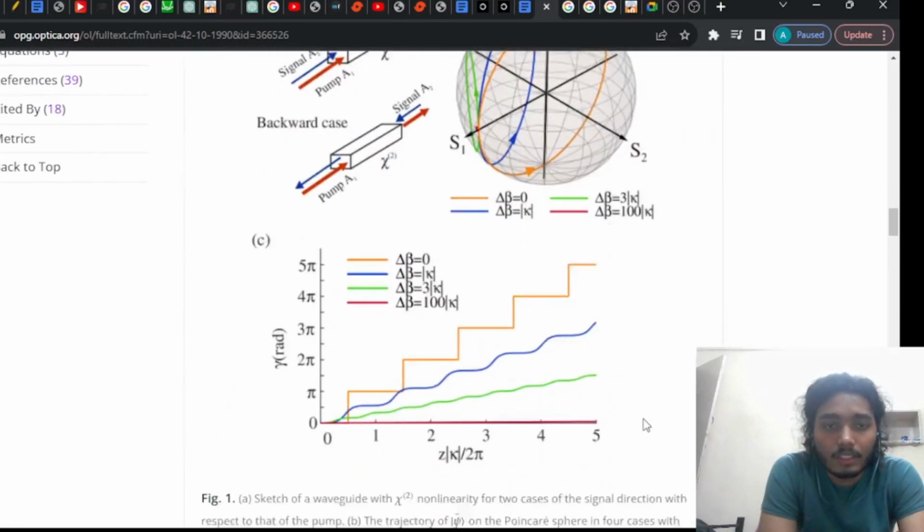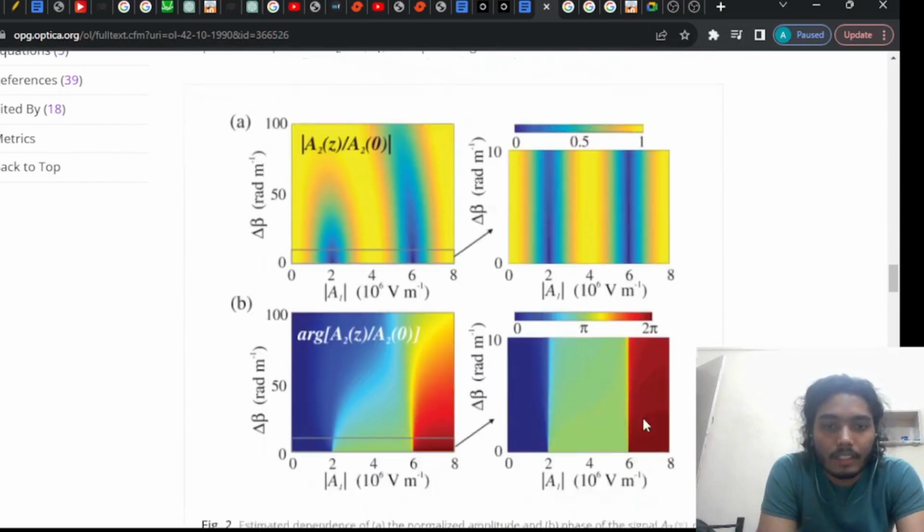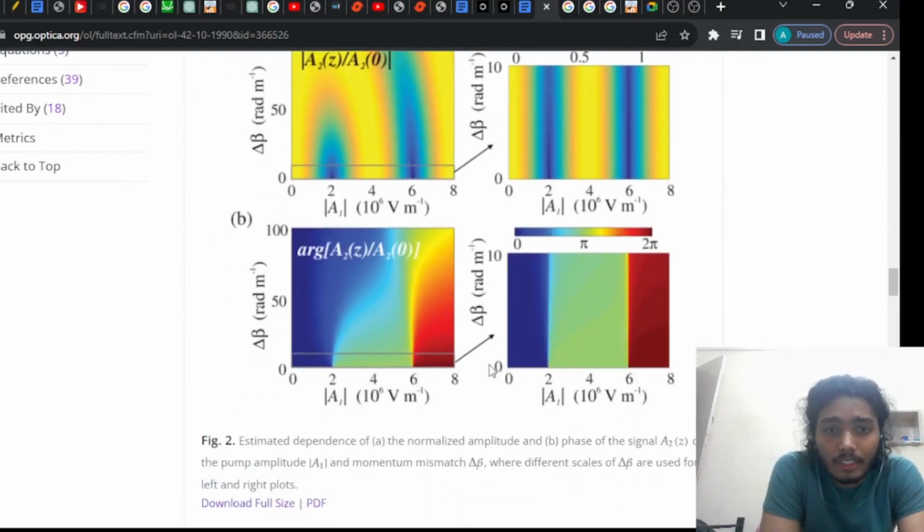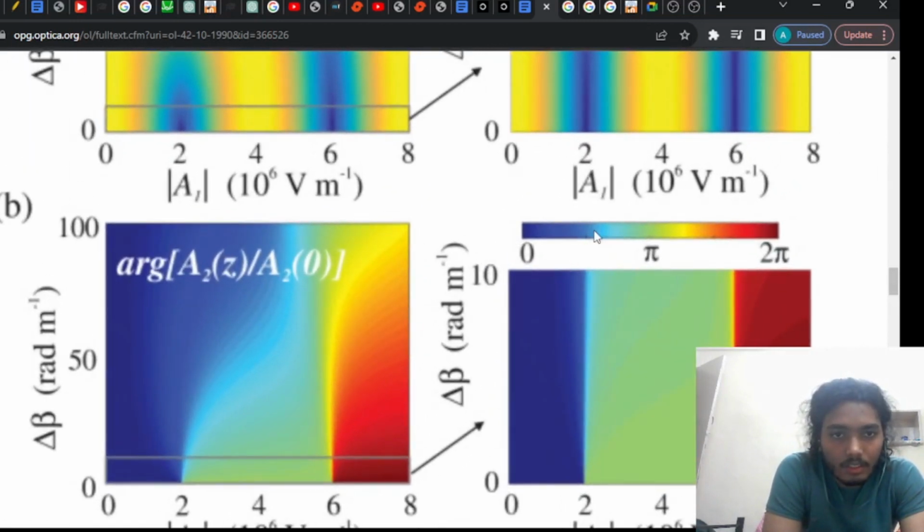So we can see here that when delta beta, that is the phase mismatch, is large, this blue color is dominating, it is covering most of the part, and that blue color is from the smaller range, meaning it is just small values.